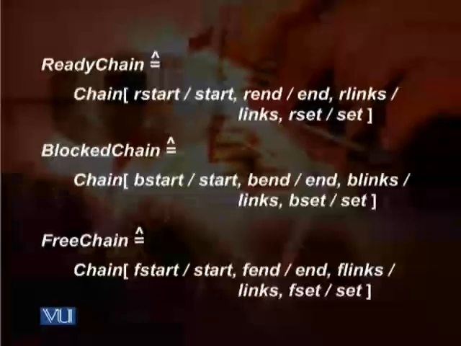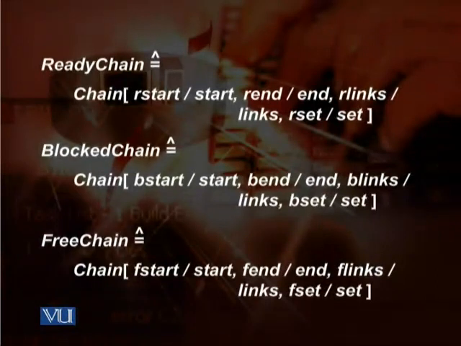So the blocked chain we get by replacing start with B start, end with B end, links with B links, and set with B set. So this is our blocked chain. And free chain, once again, we get by replacing start with F start, end with F end, links with F links, and set with F set.